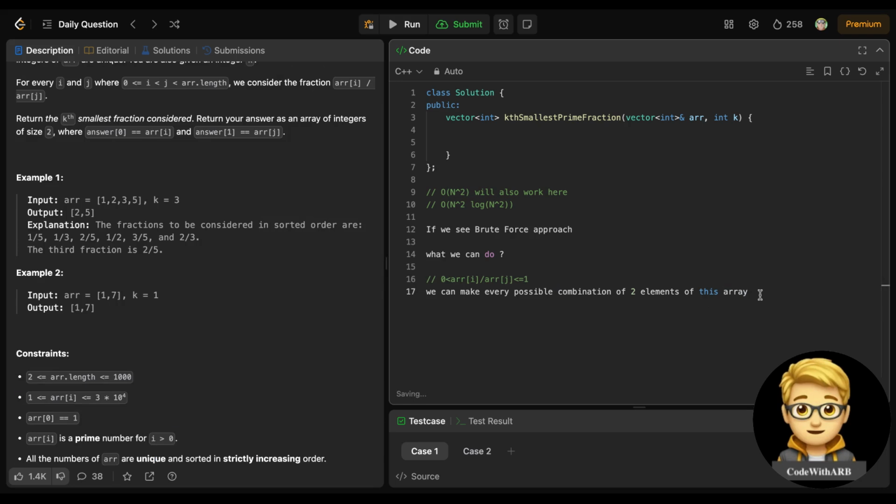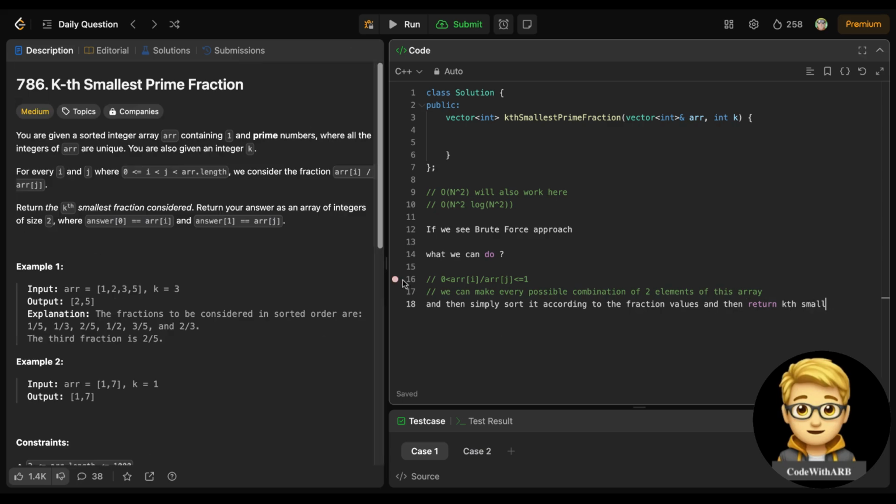So we will need to find every combination of elements in the array, and then simply sort it according to the fraction values, and then return the kth smallest prime fraction numbers.